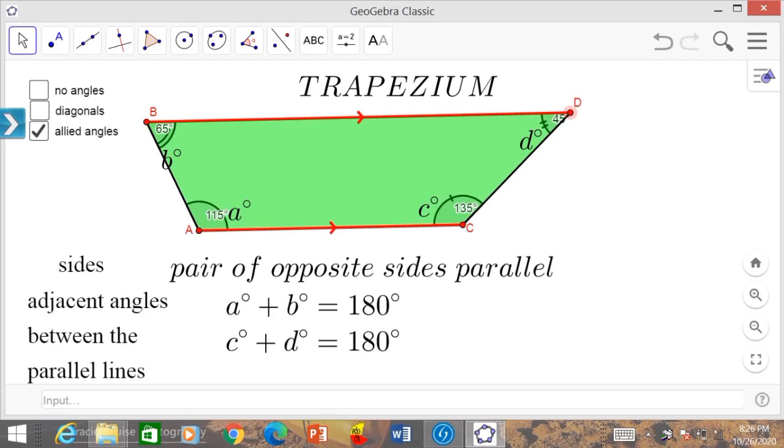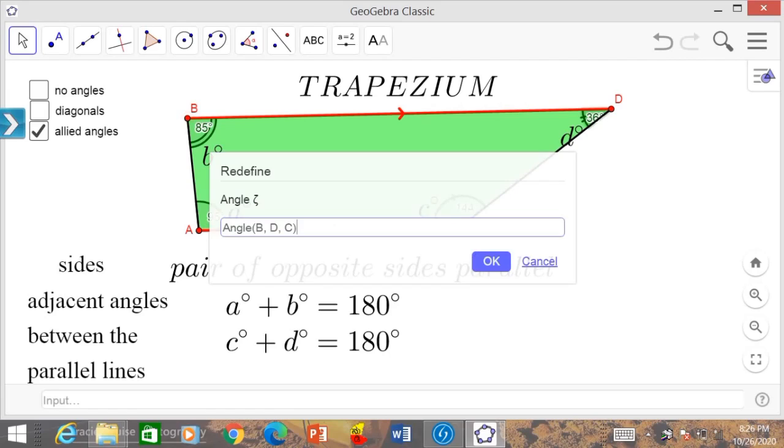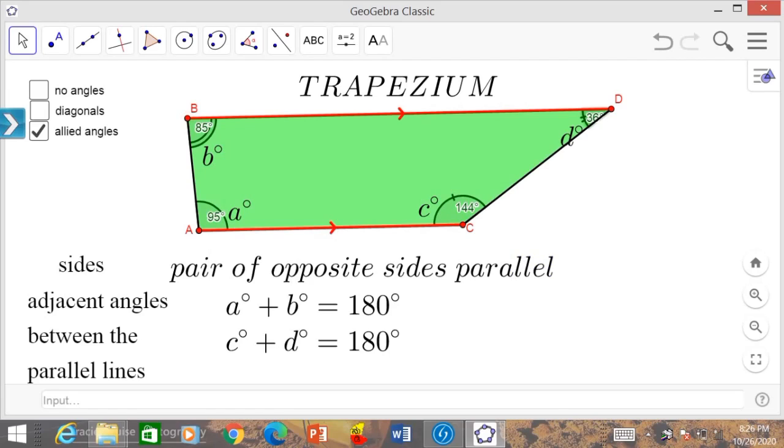See now also 65 degree plus 115 degree. Angle A plus angle B is 180 degree. Angle C plus angle D is equal to 180 degree. You have to remember this property to solve the problems. See now, sum of adjacent angles between the parallel lines is 180 degree. This is the important property of trapezium.